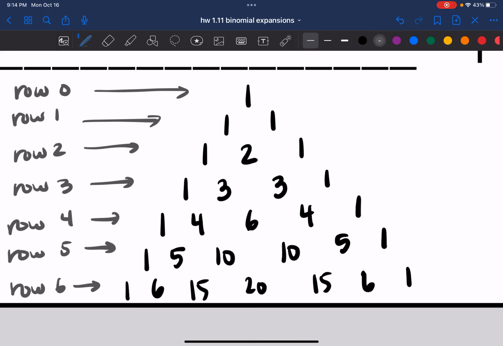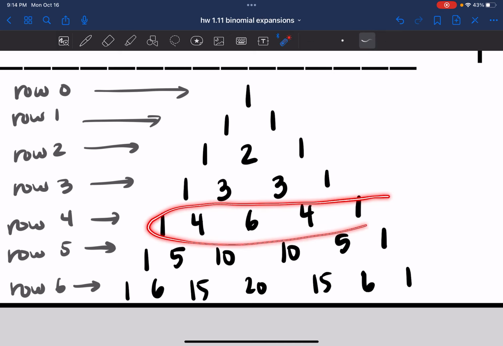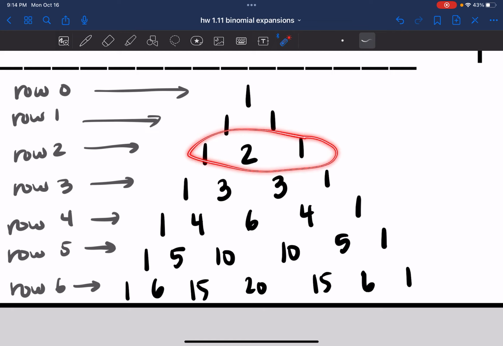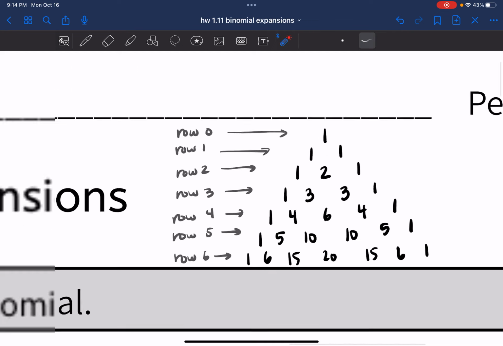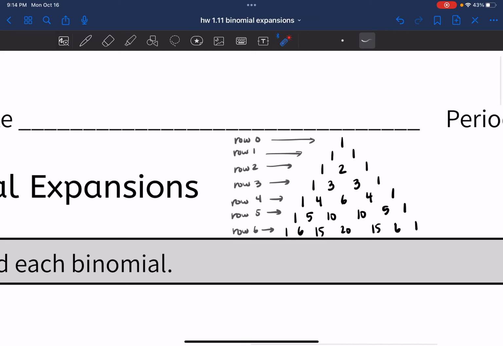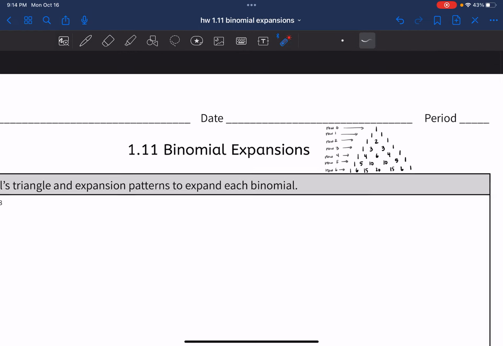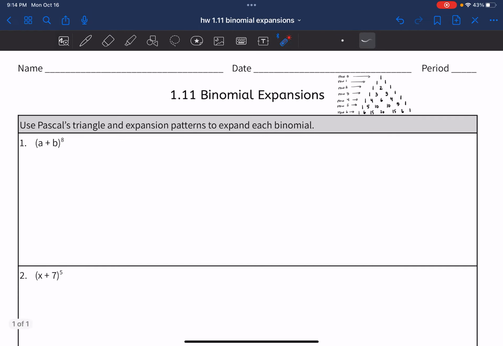When we're doing our expansions, whatever power they tell us to bring this binomial up to, you're going to have to look at that row depending on what power they tell you. So let's go ahead and do one of these problems together.